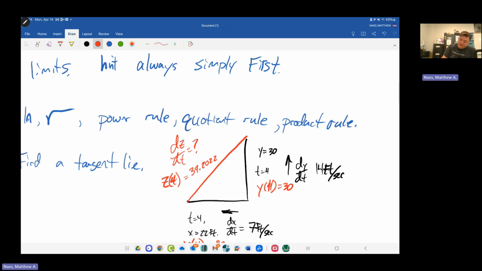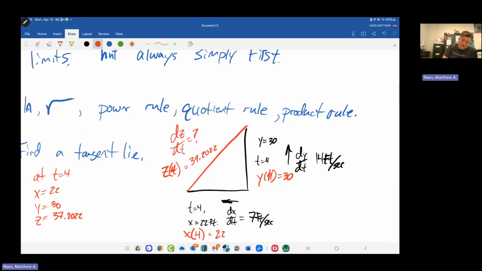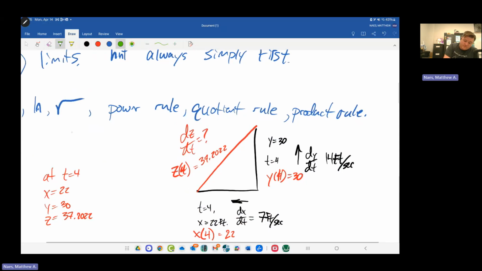Now, basically, I know at t equals 4, x is 22, y is 30, z is 37.2022. So I'm going to erase some stuff. I'm going to use this formula, x squared plus y squared equals z squared, and I'm going to take the derivative over the top because I want to find dz/dt, how fast they are changing.